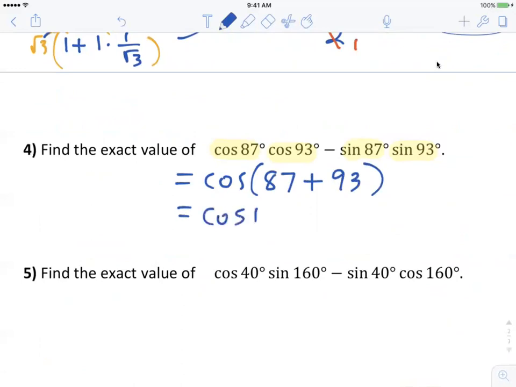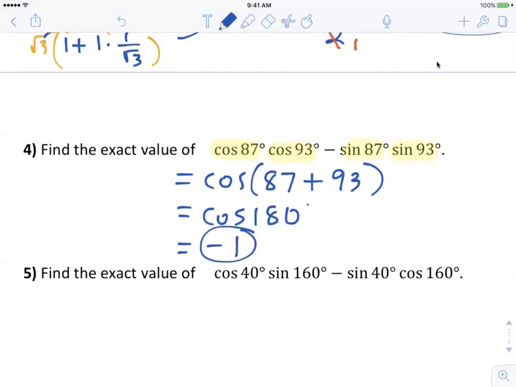If I add those together, that's 180 degrees. And 180 is on the unit circle, so I can take this a step further. Cosine of 180 is equal to -1 from the unit circle. And that's it, okay?